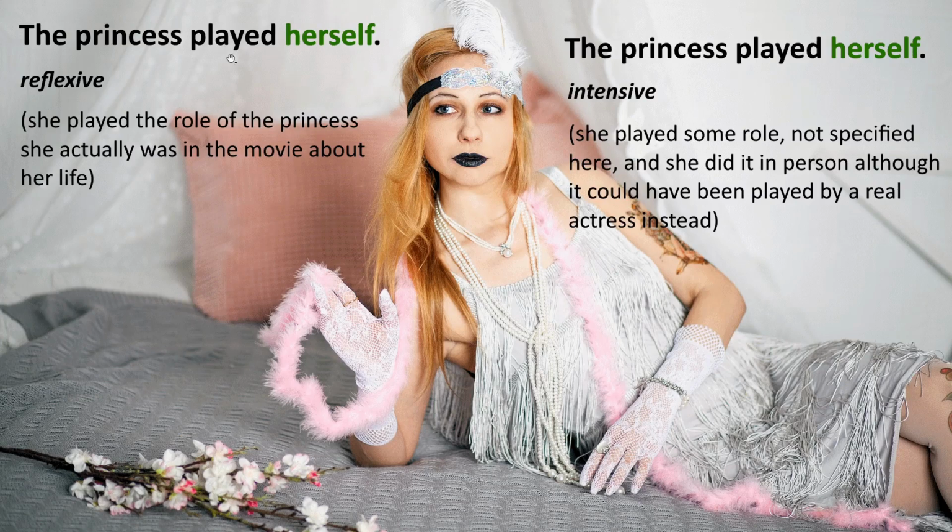The princess played herself, reflexive. So she played the role of the princess she actually was in the movie about her life. So this is the object. Now, intensive pronoun. She played some role, not specified here, and she did it in person, although it could have been played by a real actress instead.